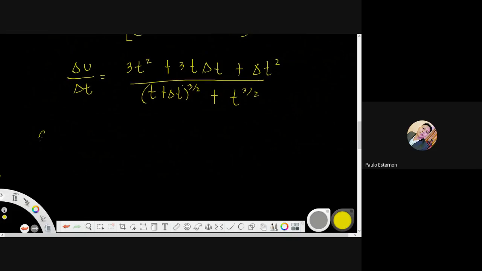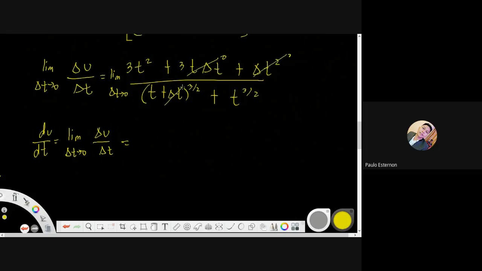Now, for us to find the derivative of u with respect to t, we're going to find the limit of the ratio delta u over delta t as delta t approaches 0. So let's find the limit as delta t approaches 0 of the other side of the equation. If delta t approaches 0, this one will be equal to 0, this one will also become 0, and the same with this one.